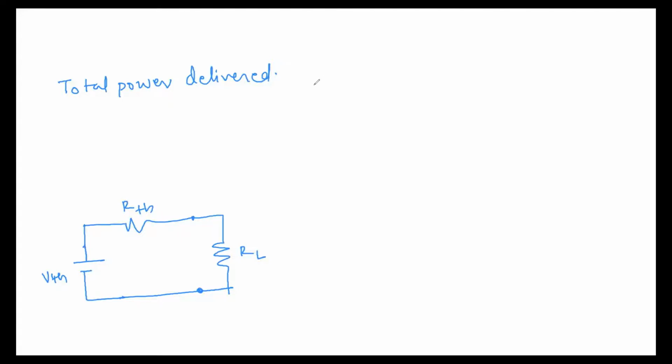Okay. So we can take VTH directly, and the current flowing through it will be VTH divided by RTH plus RL.